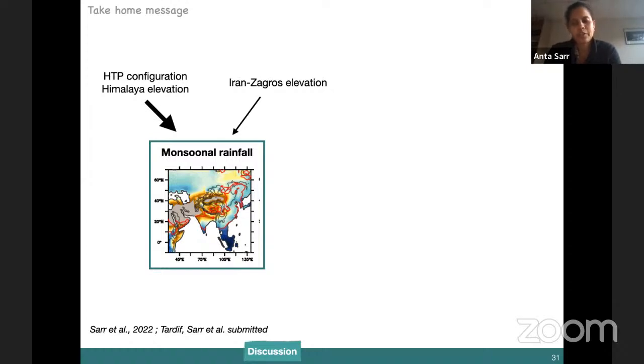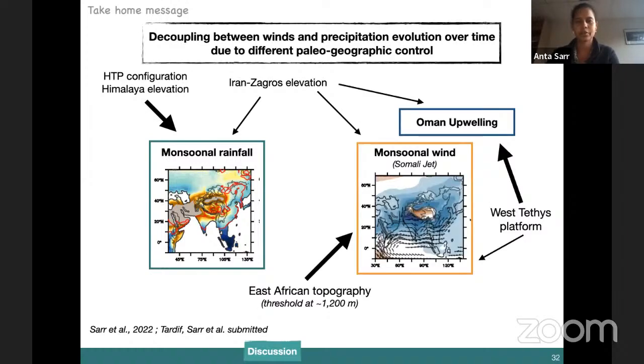Also, probably the uplift that is important for the wind system occurred earlier, meaning that those topographic features were already high enough in the Miocene, so the monsoon rainfalls were already there. But the study rather shows that the monsoonal rainfall is also tied to what happened in the Iran-Zagros region. I think that is super important.